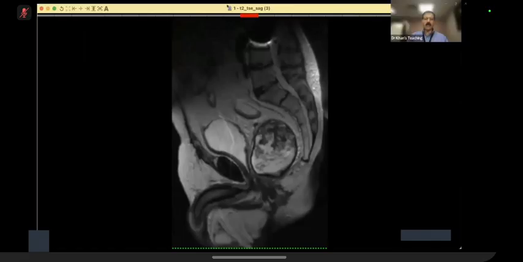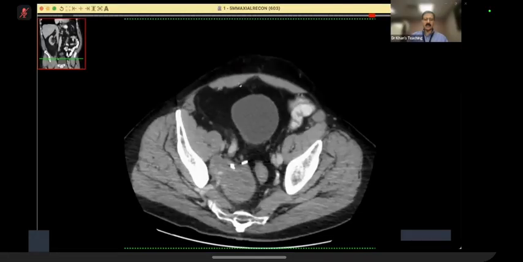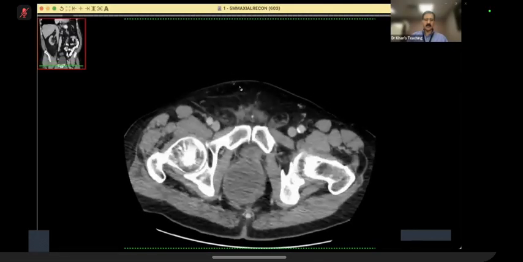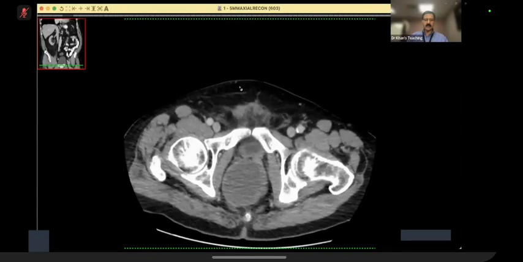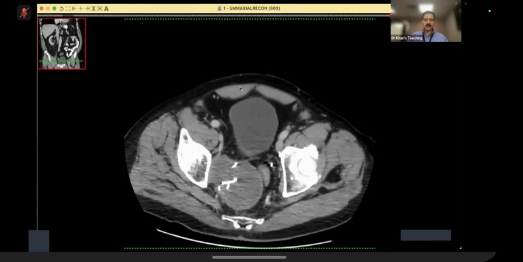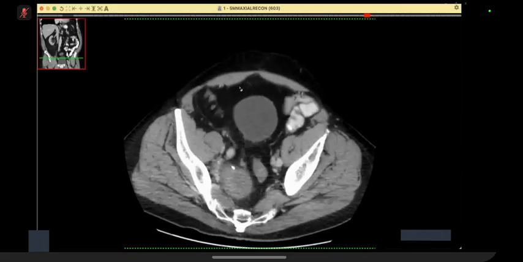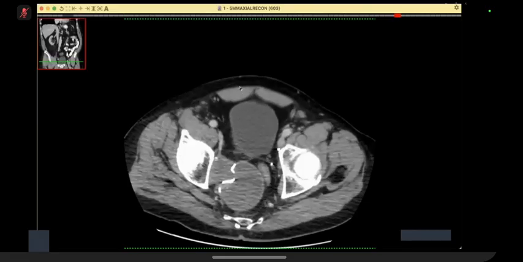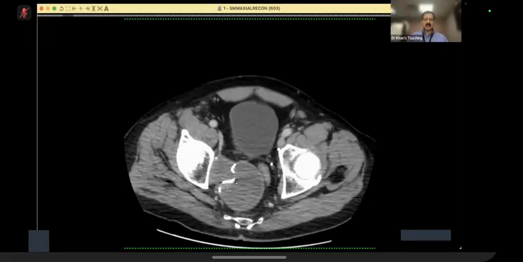Okay, we did a CT for this patient. This is the CT finding. There is calcification inside the lesion. This calcification, the density was quite high.